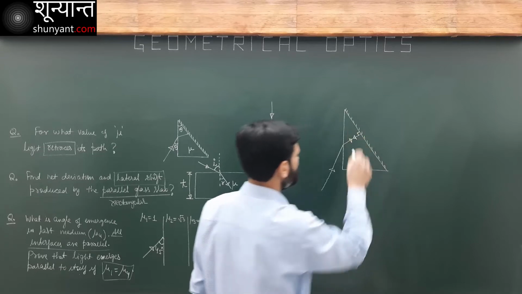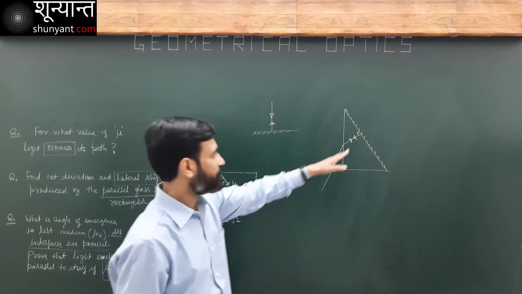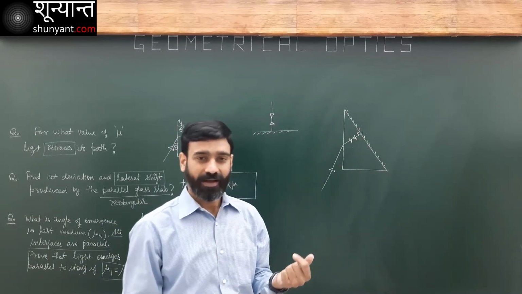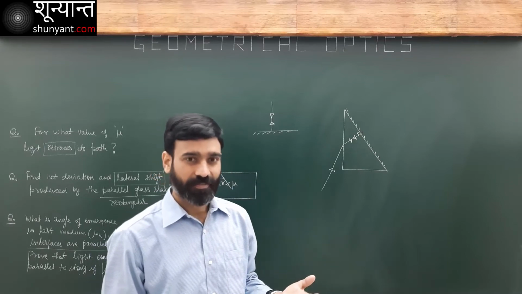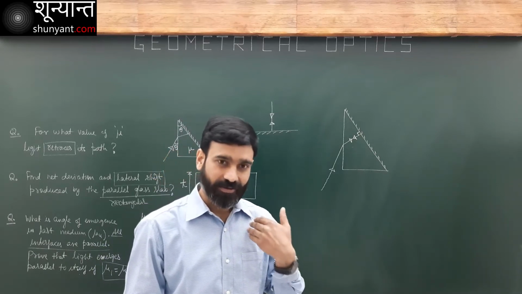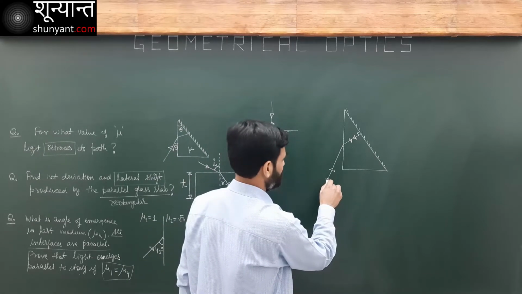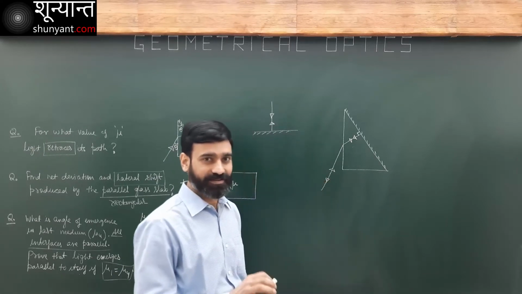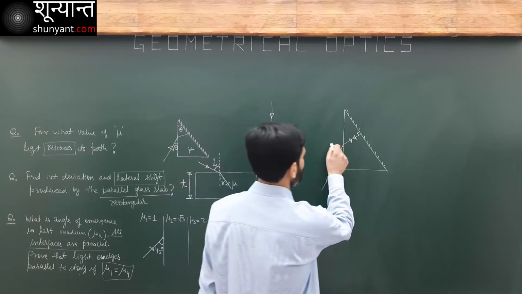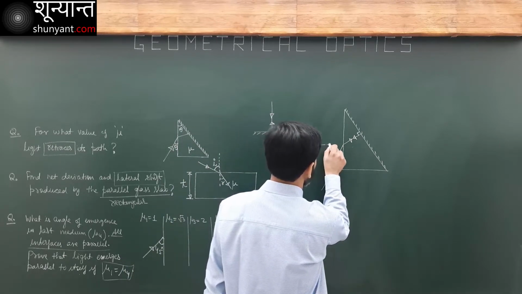If the light ray hits this surface normally, in that case it is going to retrace. And whenever light starts to retrace, it retraces its entire path. So it will come out in the same direction here. You have to remember this. Keep this in mind.